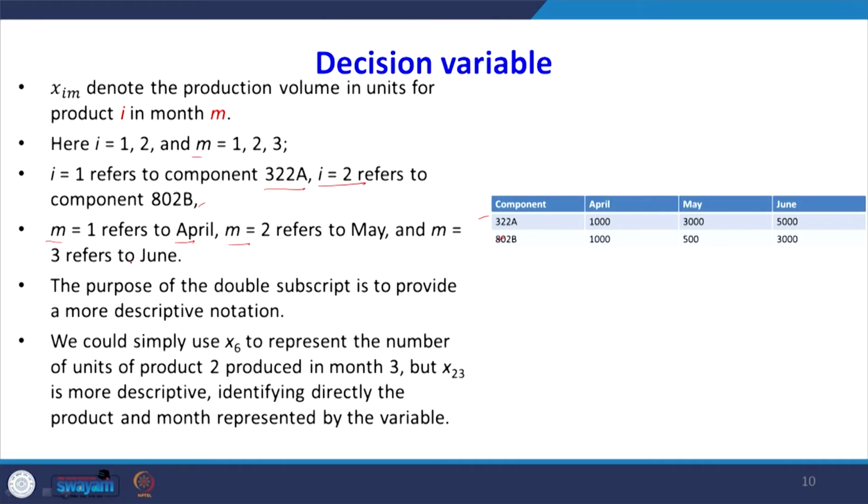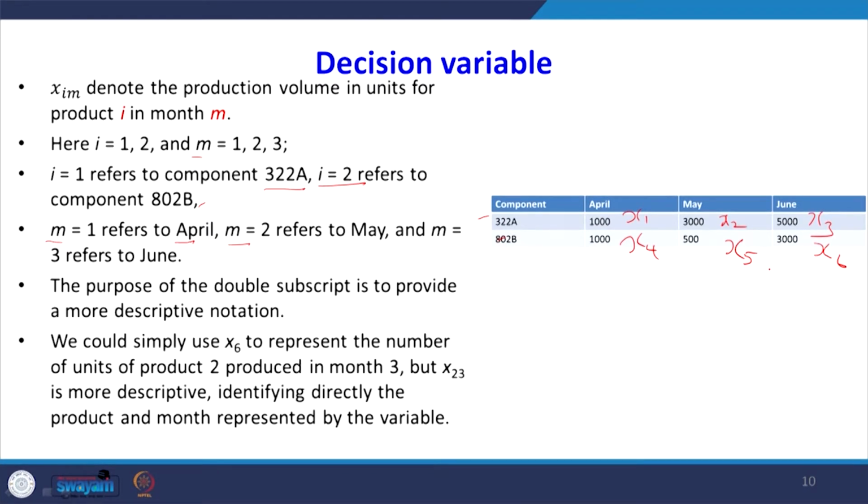There is an advantage of using double subscript because we can represent both the product and the month. The purpose of the double subscript is to provide a more descriptive notation. We could simply call them X1, X2, X3, X4, X5, X6, and use X6 for product 2 in the June month.